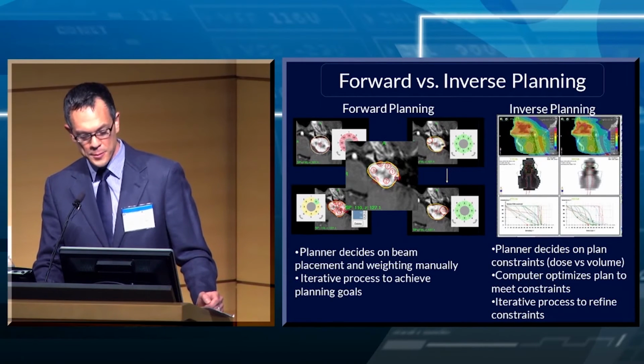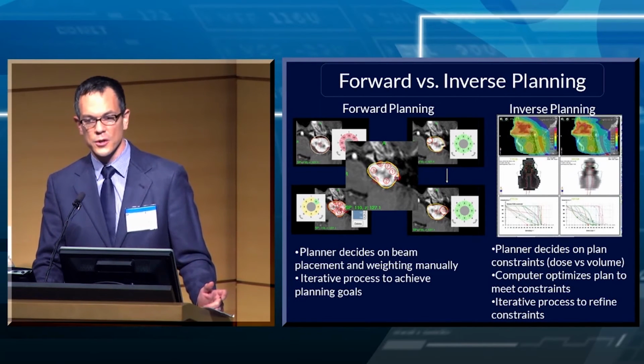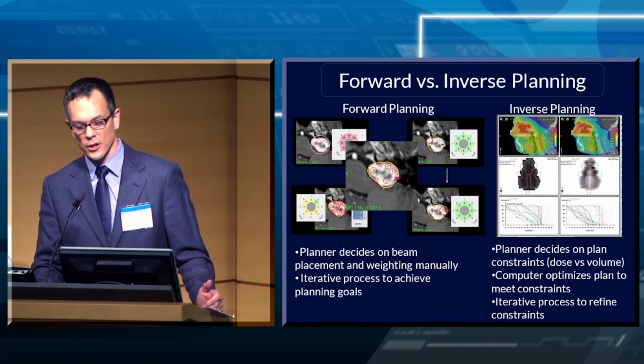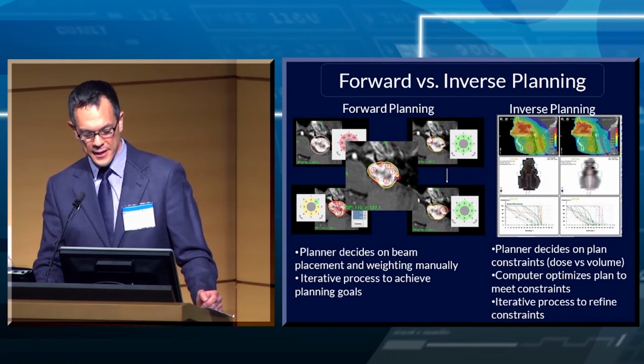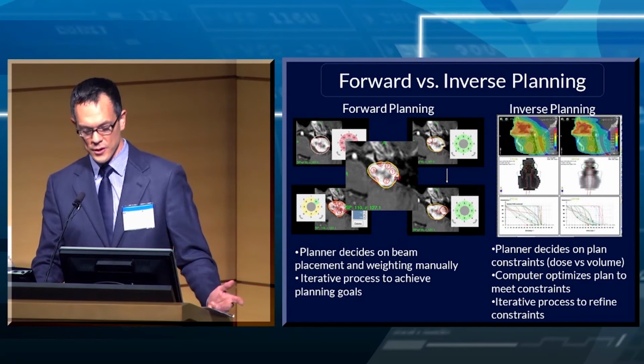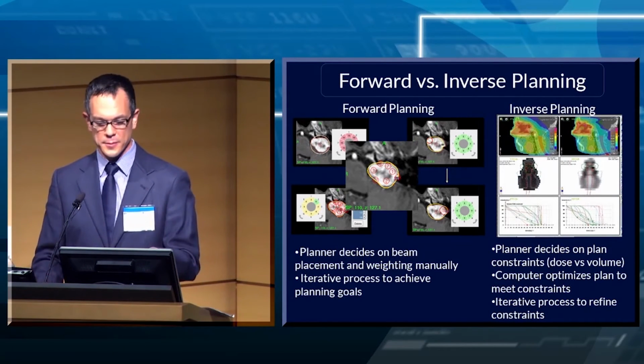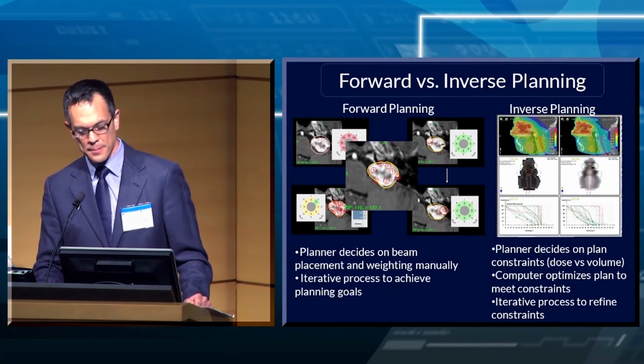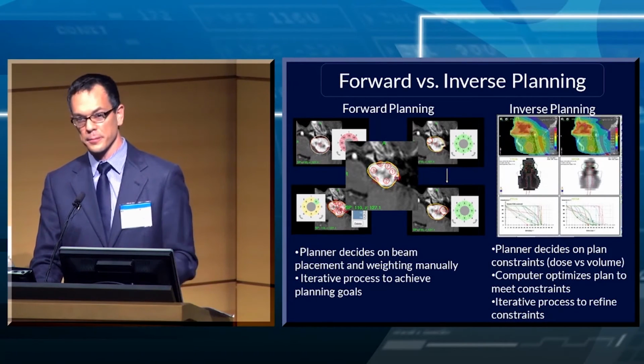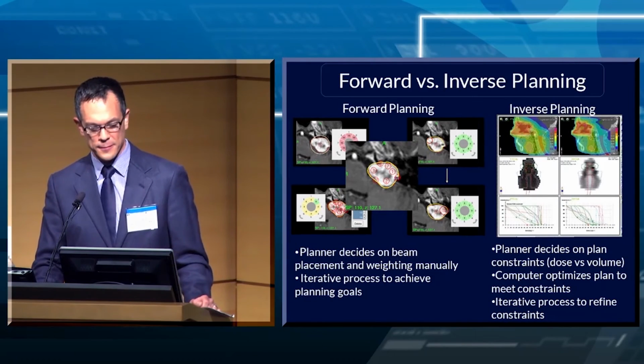There's also inverse planning, where the planner, instead of determining the geometry, determines dose constraints, like how much dose should go to how much volume of each target. And then the computer optimizes the plan to try to meet those constraints. And it's also usually an iterative process and requires a bunch of tricks to get the dose shape correct, because here you're dealing with shape and here you're dealing with dose constraints, and you're kind of giving up control of shape. So there's a balance between them.